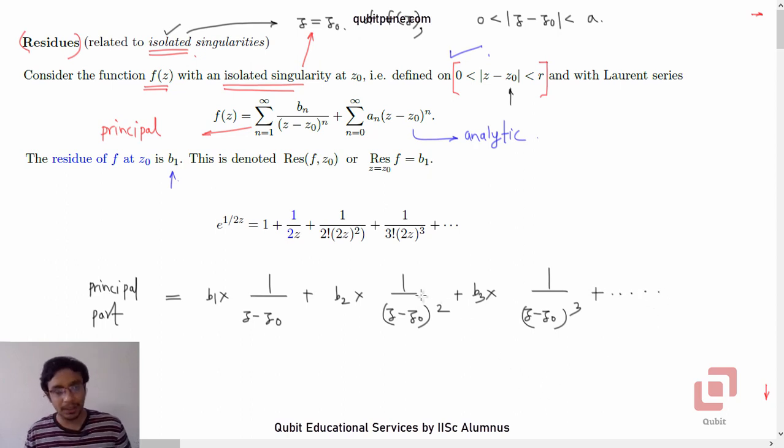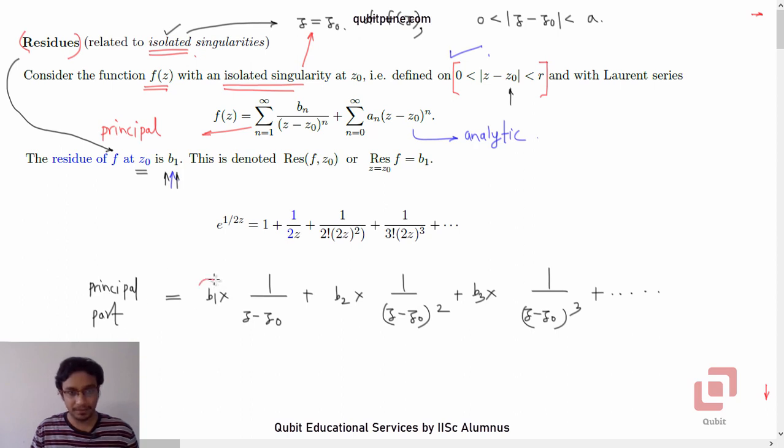This is the principal part, and we define the residue of the function f at the isolated singularity z0 to be the coefficient b1. We denote it by Res[f, z0] or Res of f at z equal to z0, which is b1.